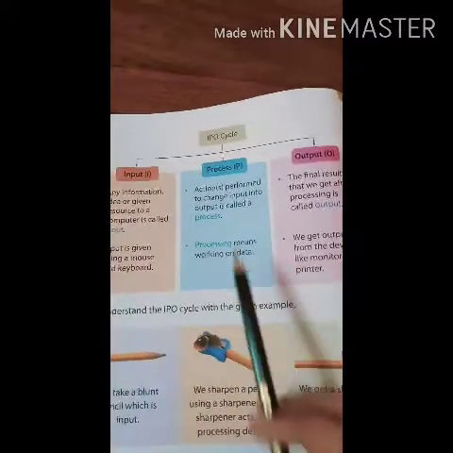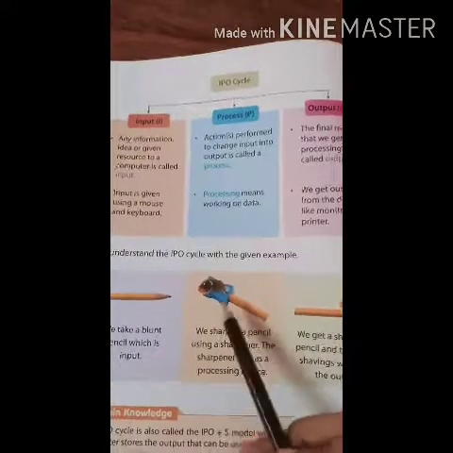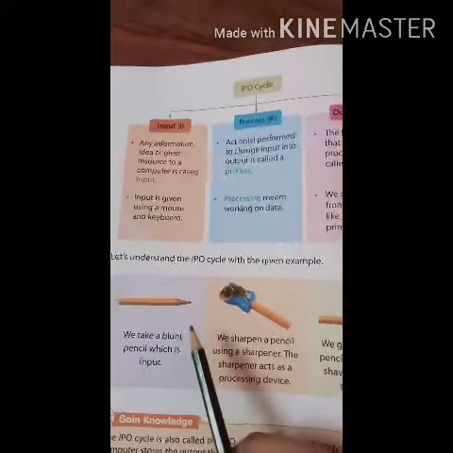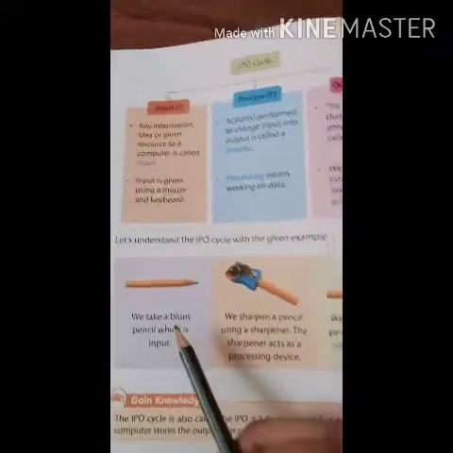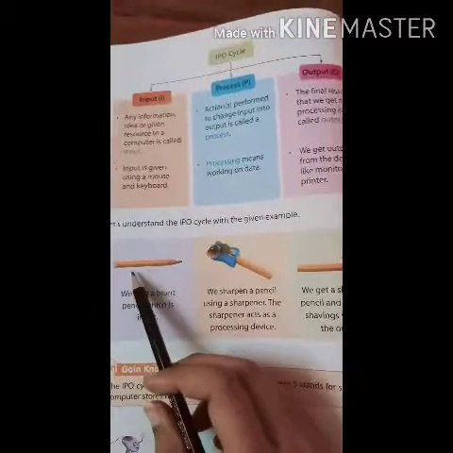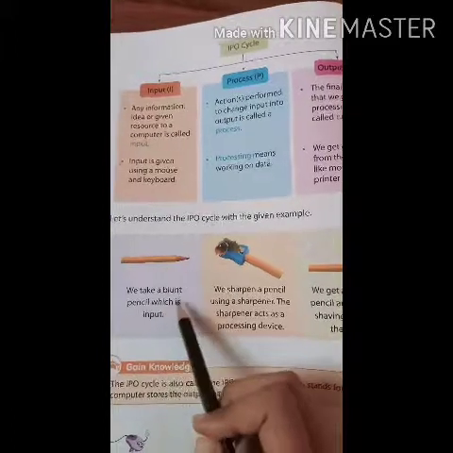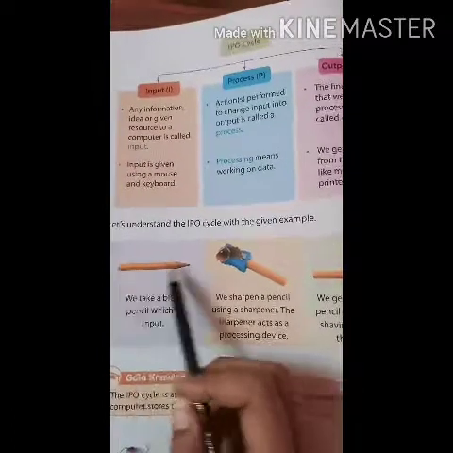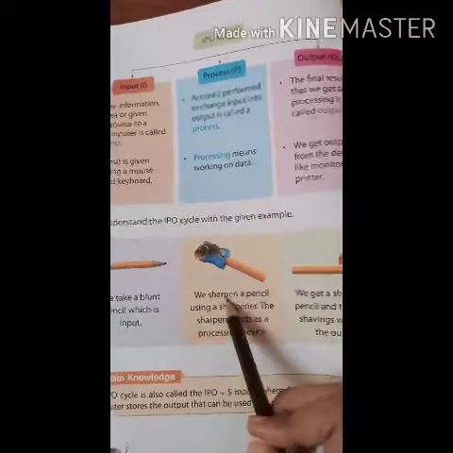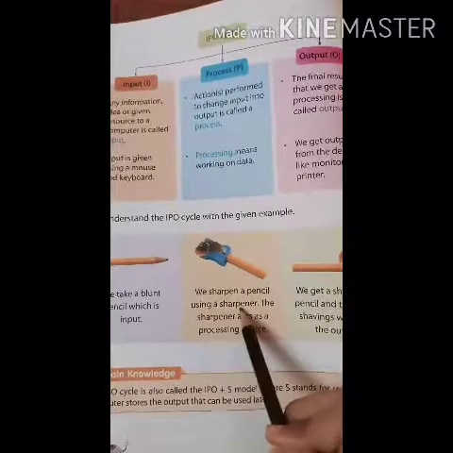IPO cycle. So let's understand the IPO cycle with the given example. With this example easily you will understand what is the IPO cycle. So now children, look here, you can see the picture here. This is the blunt pencil. We take a blunt pencil which is input. We sharpen a pencil using a sharpener.